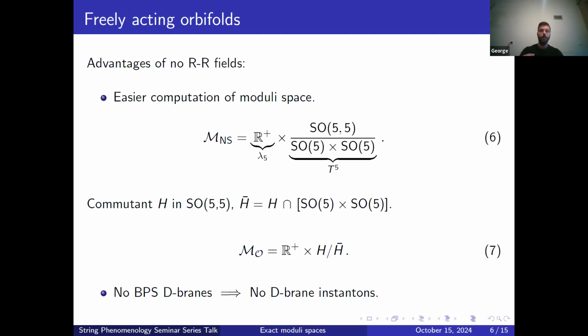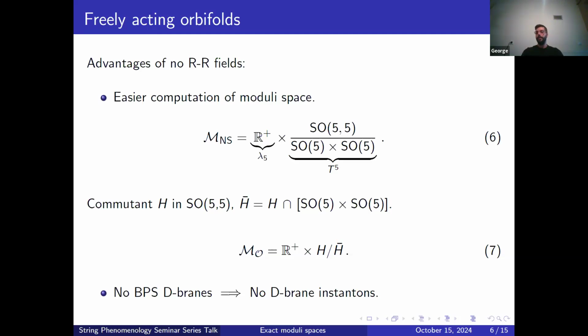So some of these will become massive, and they will not be moduli of the orbifolded theory. This means that this coset space will be reduced to a subspace. In order to find this subspace, we have to compute the subgroup of the T-duality group that commutes with the orbifold action, and this group I denote here by H.